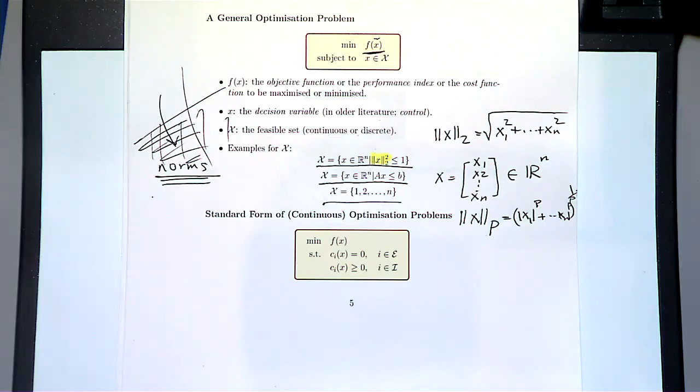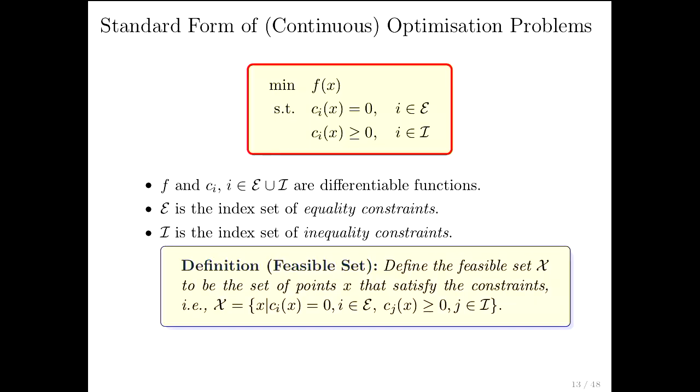So now if we focus on a continuous optimization problem, where the constraint set is continuous, we can write the problem slightly differently. We are minimizing f(x), subject to two types of constraints. The first set of constraints are c_i(x) equal to 0.